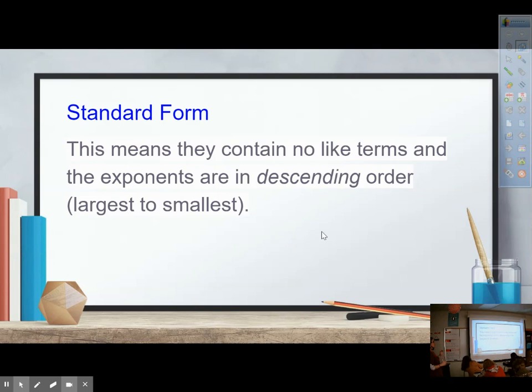Descending means largest to smallest, so you go like 5, 4, 3, 2, 1. And if there's anything missing, it just stays out. So like you could go 5, 3, 2, 1, 0. So there are no like terms. All your like terms have been combined, and the exponents are in descending order.